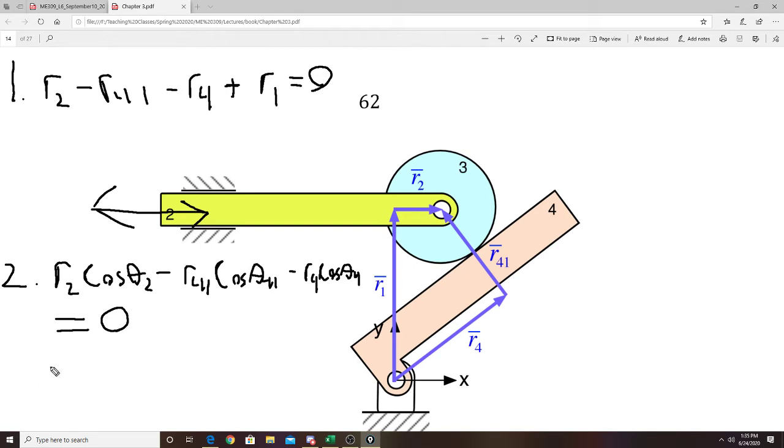Now let's do the y version of this, which is R2 sine theta 2 minus R41 sine theta 41. Anybody else think this is a little tedious?